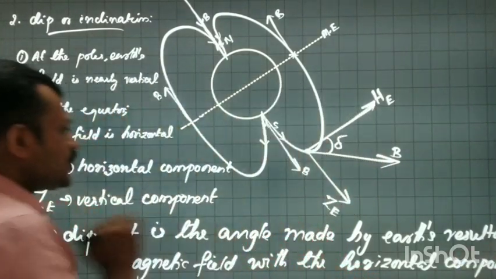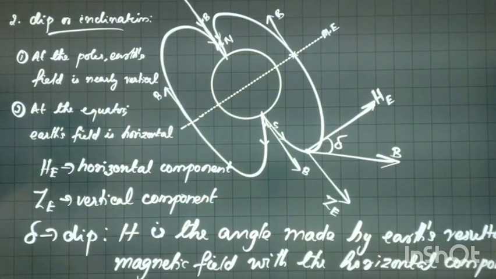The angle made by Earth's resultant magnetic field with the horizontal component is what is called the dip.